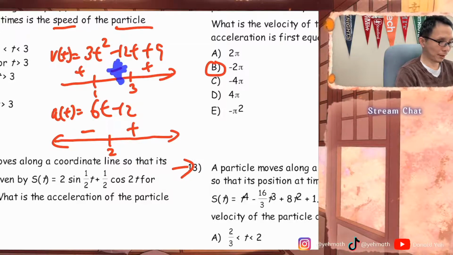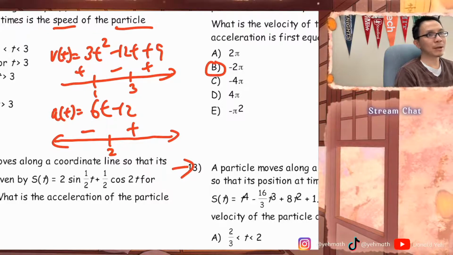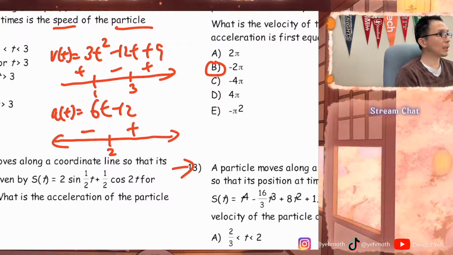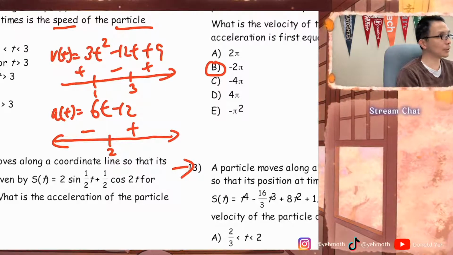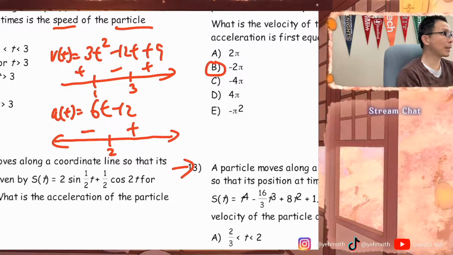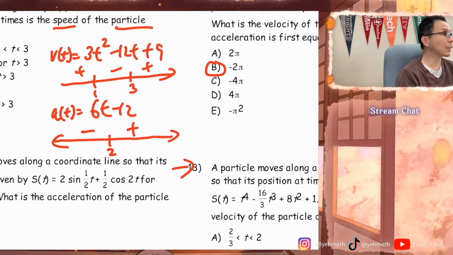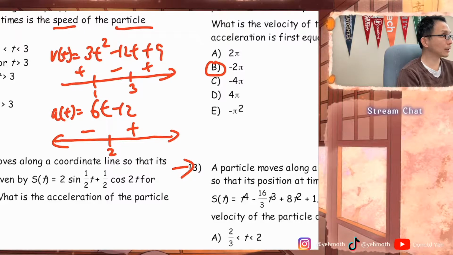Absolute value on the negative side makes it positive. But speed, you don't have to consult with the acceleration, but for slowing down or speeding up, you have to look at accelerations, and you cannot just look at the sign. You look at the result of velocity and acceleration first before you take the absolute value of something.